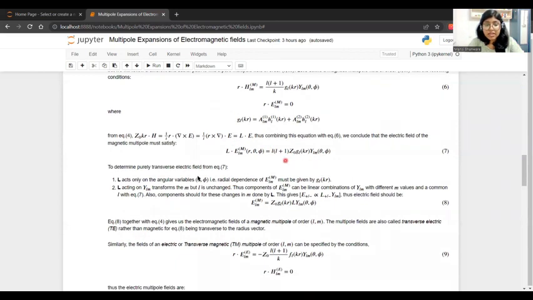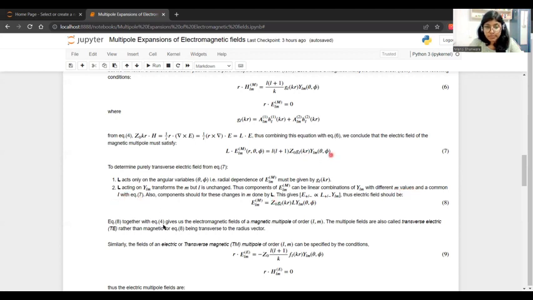From equation 7, if we want to determine a purely transverse electric field, there are two things we should keep in mind. First, we notice that L acts only on the angular variables, so the radial dependence of E must be given by this function. Second, when L acts on the function, it transforms the m, but the value of l remains unchanged, which concludes that E can be a linear combination of functions with different m values and a common l value.